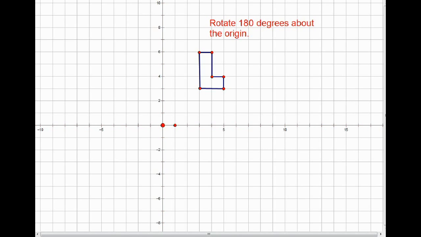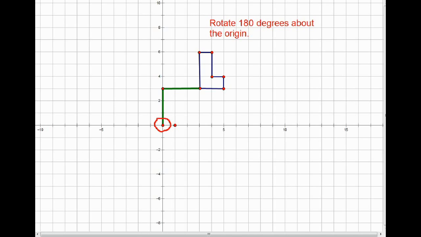One thing you'll notice is I didn't say which direction we're turning, and I'm going to talk about why that is in a second. So here I've drawn that first blade of the propeller, and it starts at the center of the circle, which is at the origin here, and I've only used horizontal and vertical lines. So now we're going to turn that blade 180 degrees, which is a half a turn.